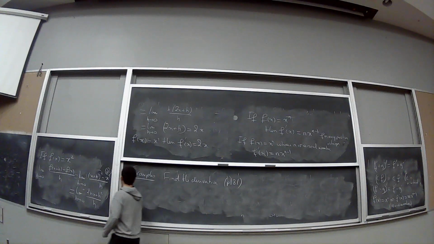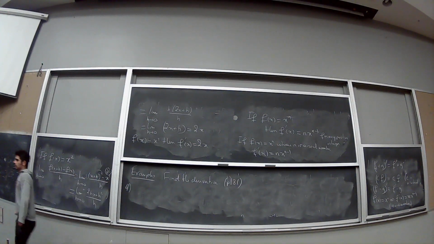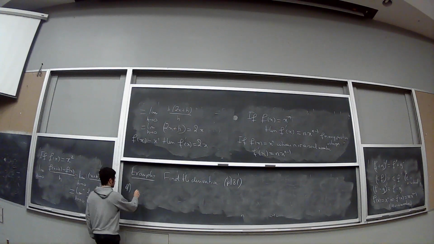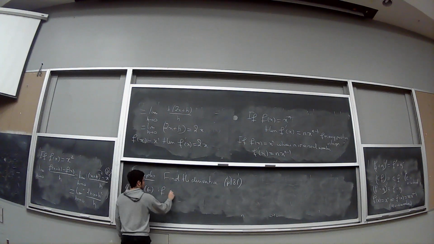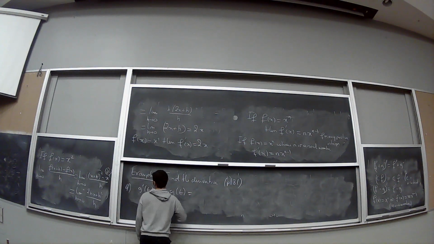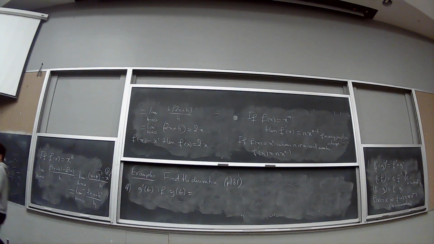Let us look at question 4. It says find g prime of t if g of t is equal to 5t plus 4t squared.